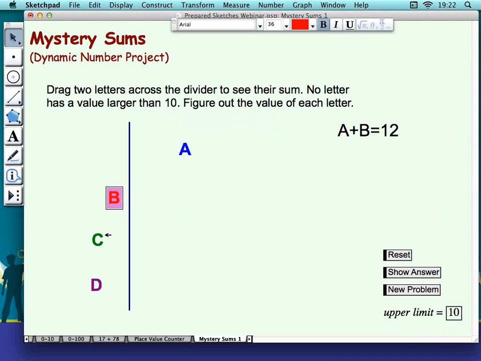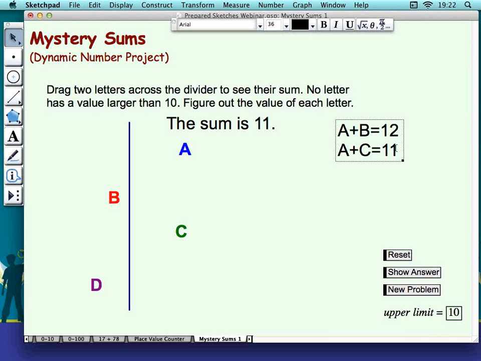Let's see what A plus C gives. So that gives 11. All right. So A plus D gives 19.